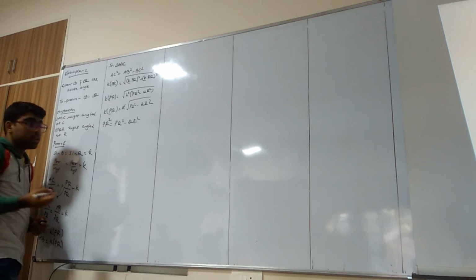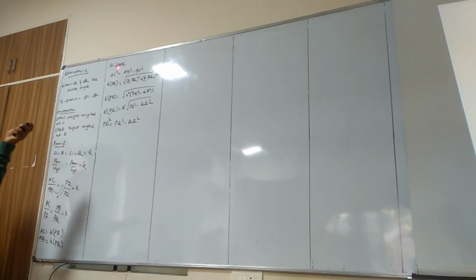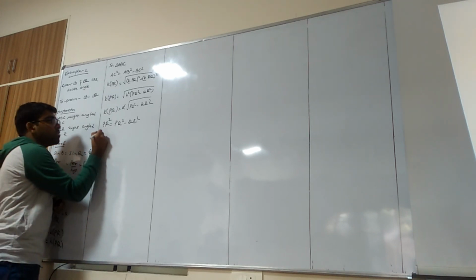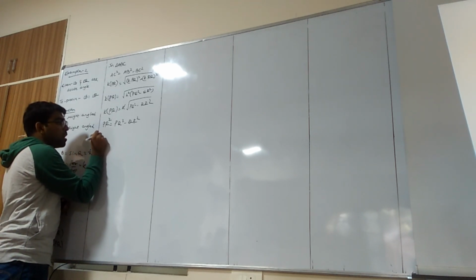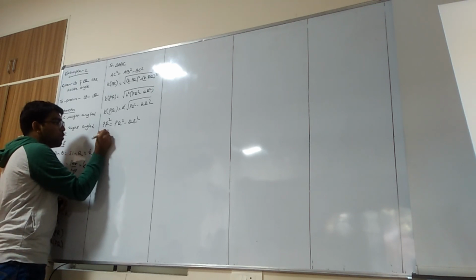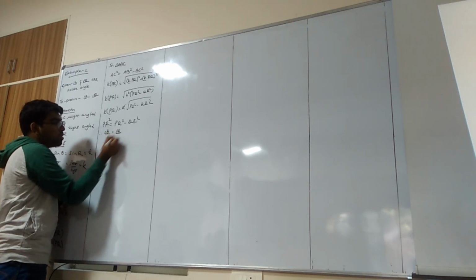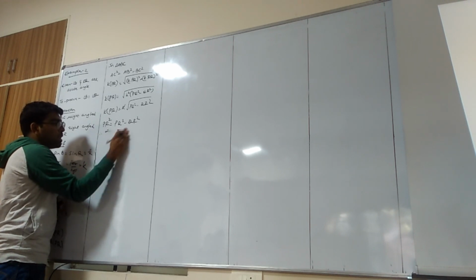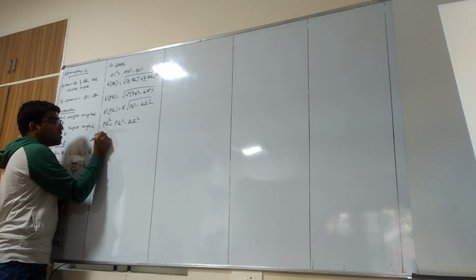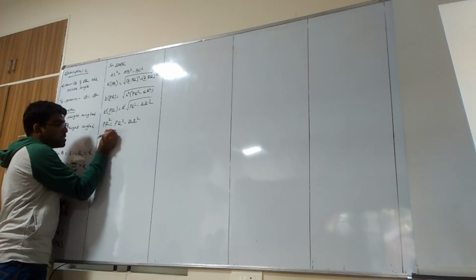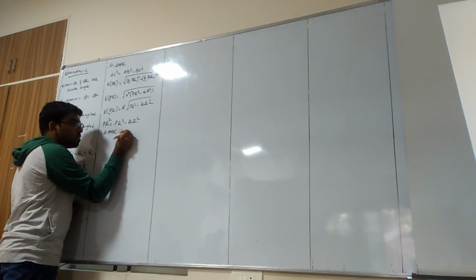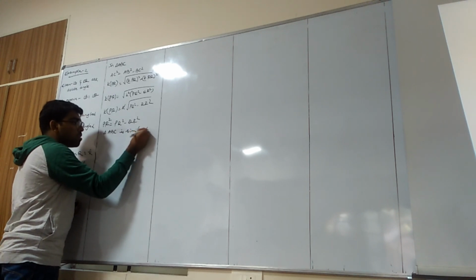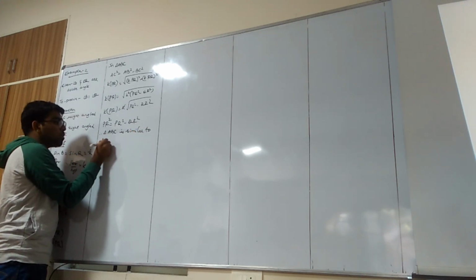What can we conclude by this? We took triangle ABC and we are getting this triangle. Therefore, triangle ABC is similar to triangle PQR.